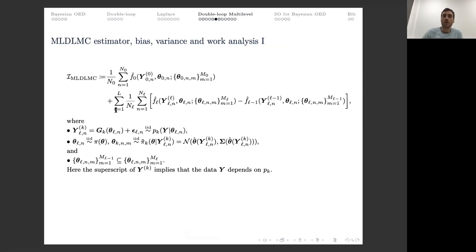From level 1 to capital L, we have the Monte Carlo of these differences. Here the underlying realizations are the same for every level, and as we change the level, they are independent.